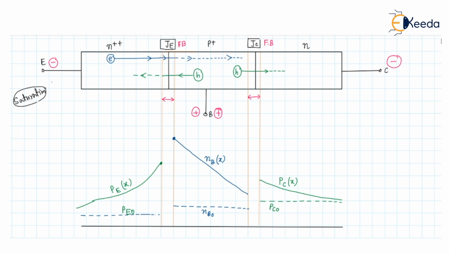Now this is the saturation region operation of the NPN transistor, where the minority carriers are distributed like this. This is all about the minority carrier distribution in all the regions, and in this way, the minority carriers will be distributed within the emitter, base, and the collector at different regions of operation. Thank you.